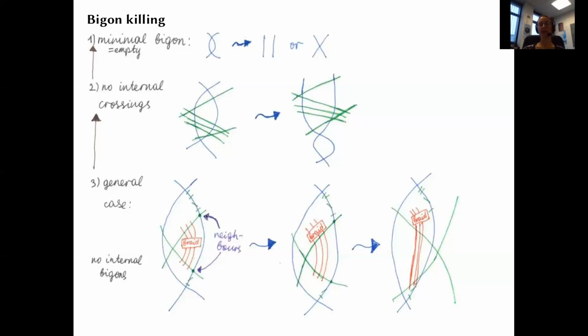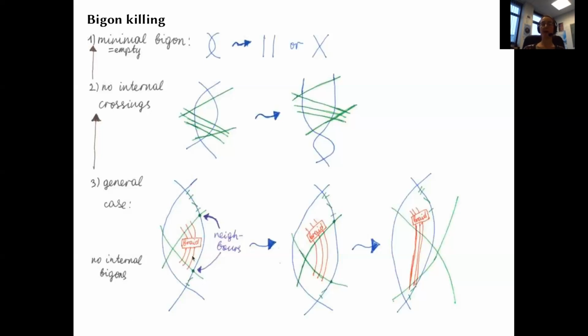Neighboring means that they will intersect the right side of your bigon in neighboring points. Because if all neighbors are pairwise non-intersecting, you will be in the situation which we have seen before. So let's suppose we have such kind of thing.